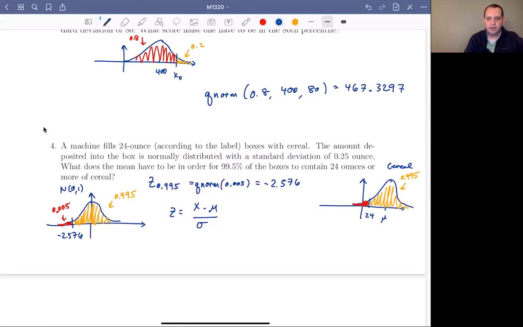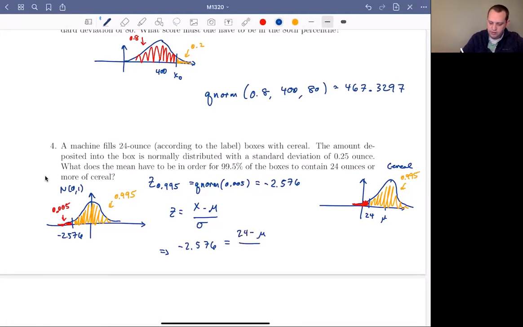And so what we can do is we have 3 of the 4 terms. We have z, x, and sigma, and we need mu. So z is negative 2.576. X is 24.